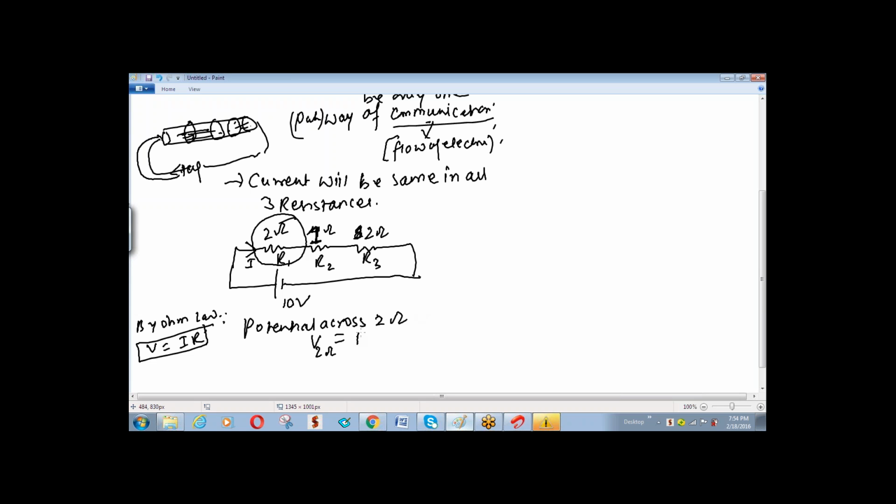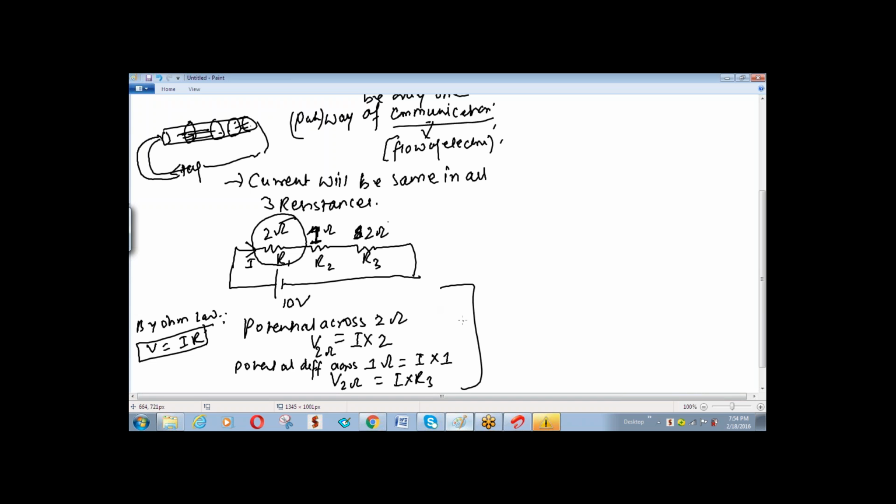What is the current? I don't know. Let's suppose I, multiplied by 2, right? Again, you will ask, what is the potential drop across 1 ohm? I will say that is again I into 1. Potential across the last one, R3, should be I into R3, right?